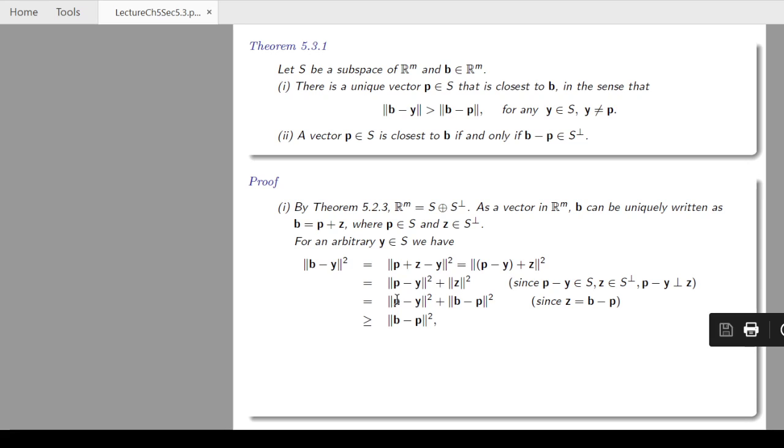Now we have two terms here. Both get squared, so these two terms are at least 0. So when we drop the first term, we get that this is greater than or equal to the second term.